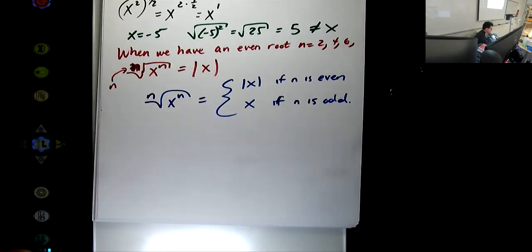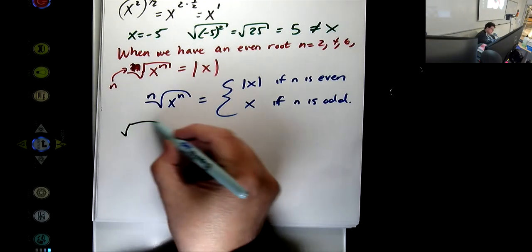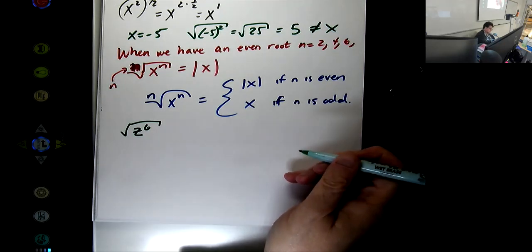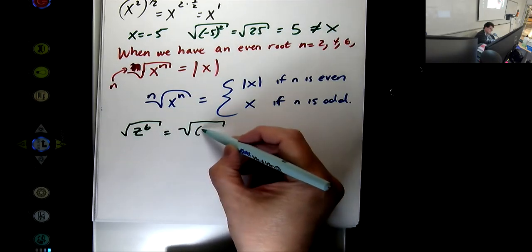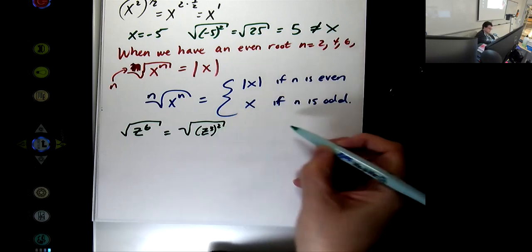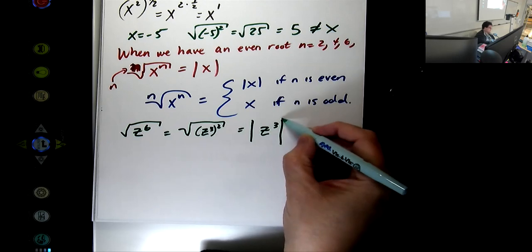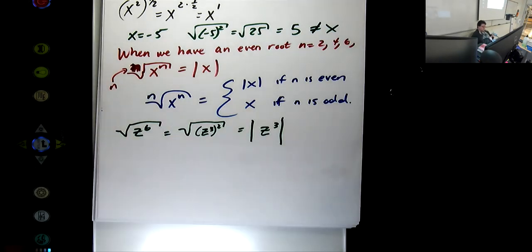And this works for all kinds of variables. Like if I do the square root of z to the 6th power, this is the square root of z cubed squared. So I get the absolute value of z cubed. And the cube can go on the outside too.